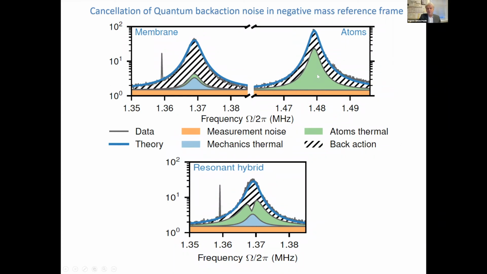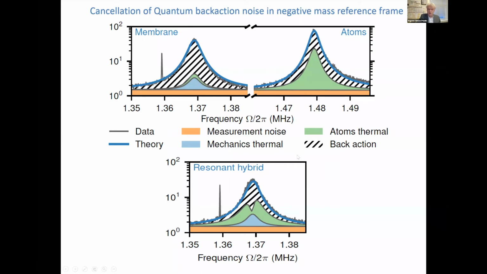And now I move my atoms simply by changing the Zeeman frequency in resonance with the mechanics. And if things weren't well engineered, then the total back action would be just the sum of this area and this area, but in reality, it's actually the difference.